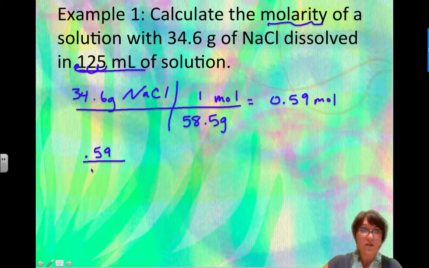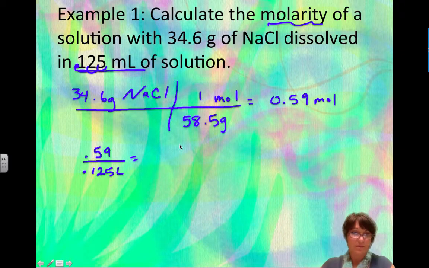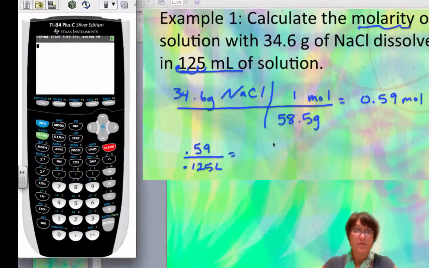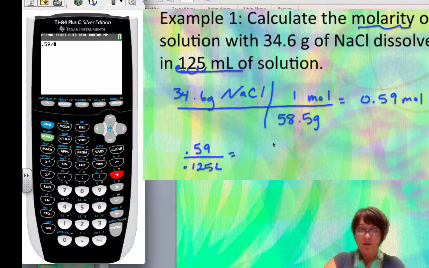And you're going to get so good at that you can do that in your head. So we have 0.125 liters total. And now I can't do this math in my head. It's time for a calculator. So you get your calculator. I'll get mine. Ready? Okay, so it's 0.59 divided by 0.125.